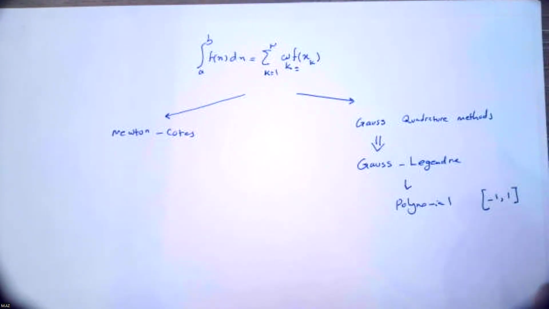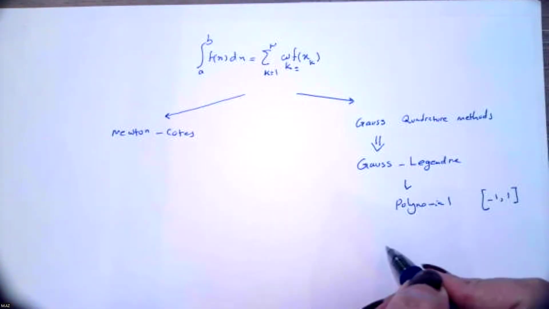And it depends on how many points we are selecting. For the Gauss-Legendre rules, we can increase the order of the polynomial function.